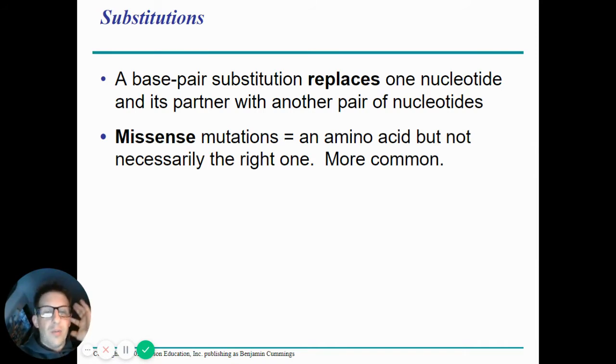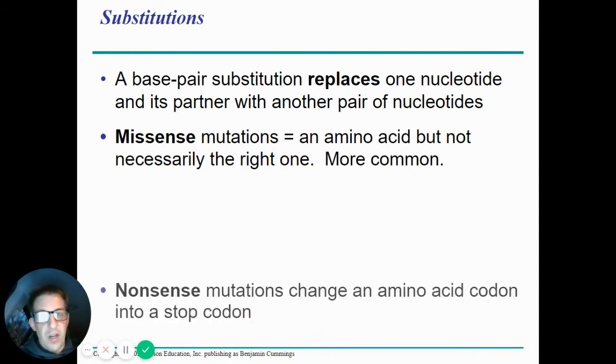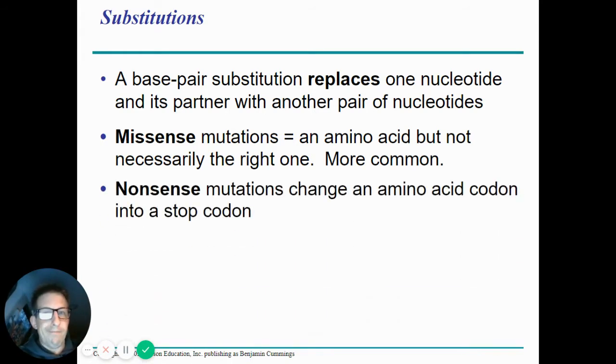What this can do is a couple of different things. It can cause a missense mutation, an amino acid, but not necessarily the right one. It can cause an amino acid to be created, but it's not the right amino acid that should be there.